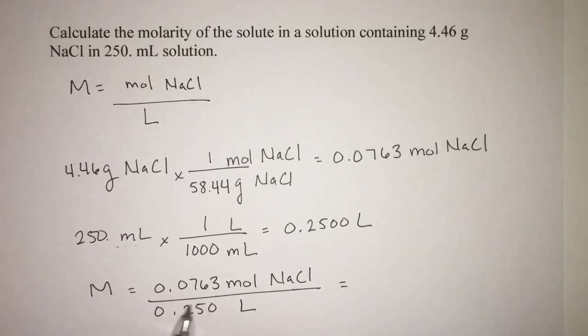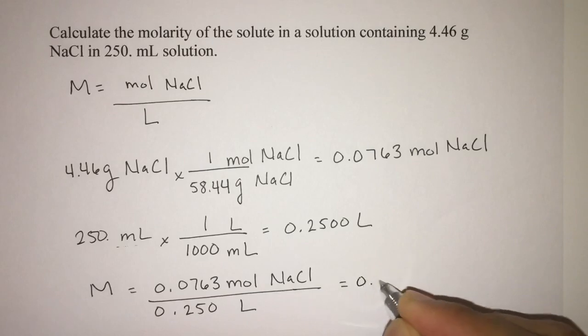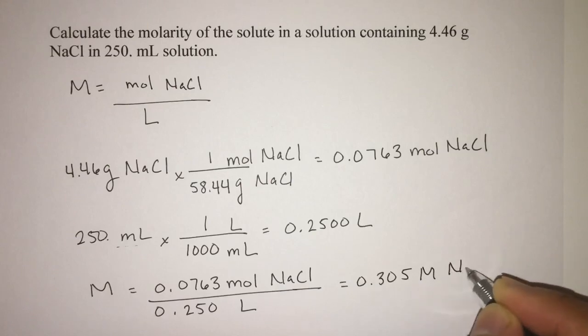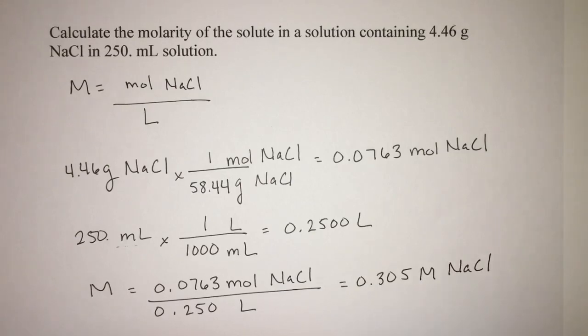Make sure you check the units. Moles per liter, that's the same thing as a molarity. Our molarity is 0.305 molar, or big M, sodium chloride.